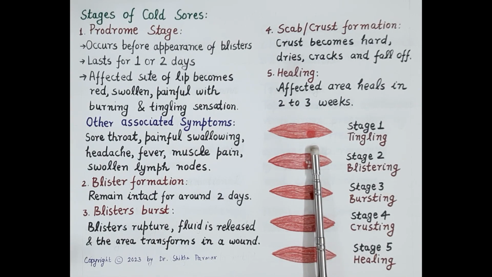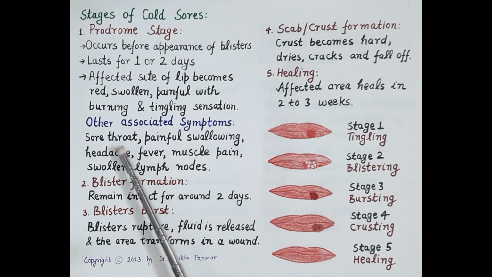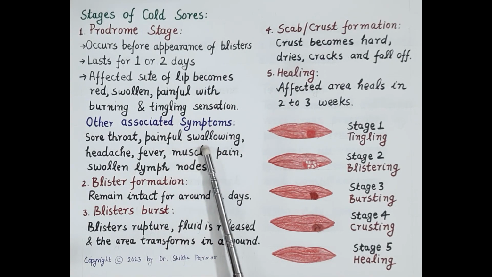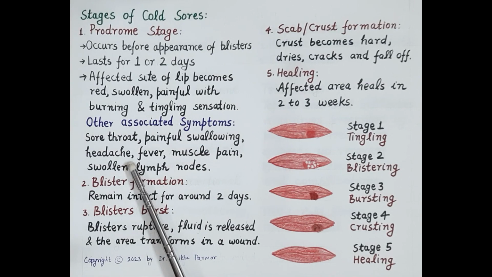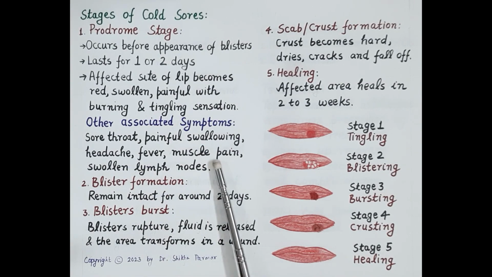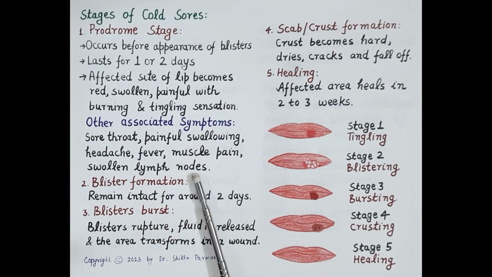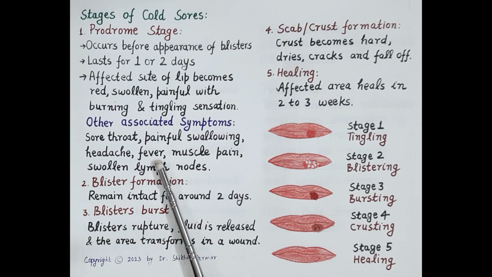Then a burning and tingling or prickling sensation and abnormal sensation is also felt in this area. Other associated symptoms that can appear are sore throat, painful swallowing, headache, fever, muscle pain and swollen lymph nodes. As fever occurs before the appearance of cold sores, the disease is also known as fever blisters.